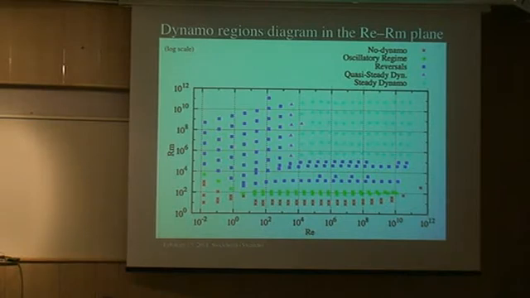The green circles define a Reynolds number domain in which the system is in an oscillatory dynamo state, while the blue squares define a domain in which the system is in a magnetic reversal state. And finally, the azure rhombi define a domain in which the system is in a steady dynamo state. So essentially, these results show the critical role that the magnetic Reynolds number plays in the different dynamo regimes, and also the dependence on the hydrodynamic Reynolds number.